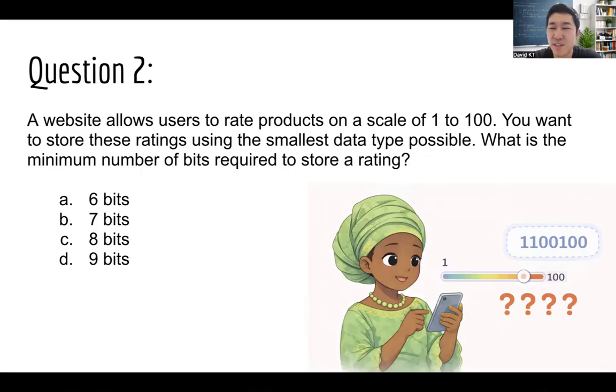So how many different possibilities are there this time? That's right, 100. We don't start from 0. So we want 2 to the nth power to be greater than or equal to 100. Any ideas? Go ahead, pause this video to figure it out. 7 bits.